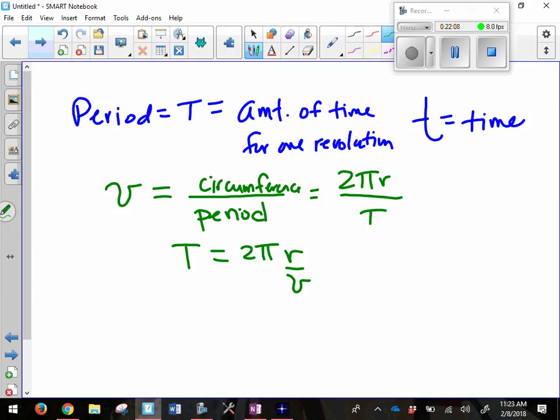But you might ask me what reason I had for writing it as r over v. Because what's r over v going to be? 1 over omega. So this becomes T equals 2 pi over omega, or omega is equal to 2 pi over T.